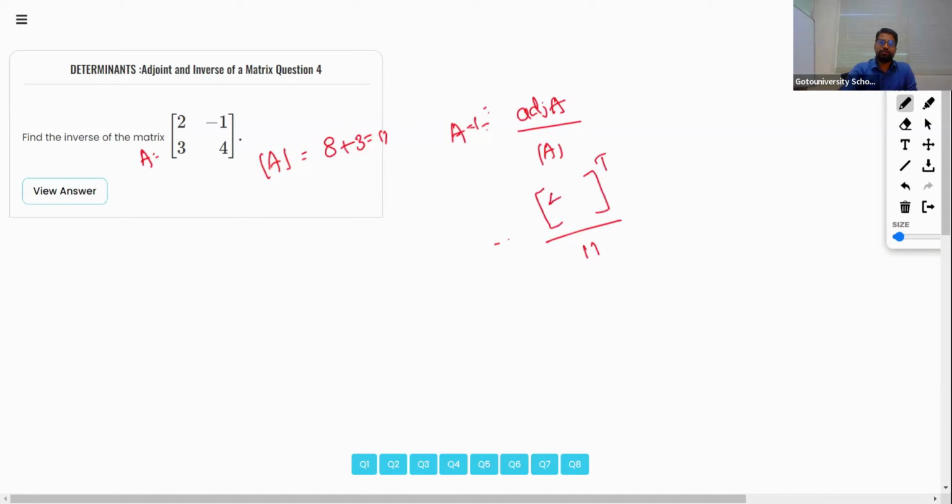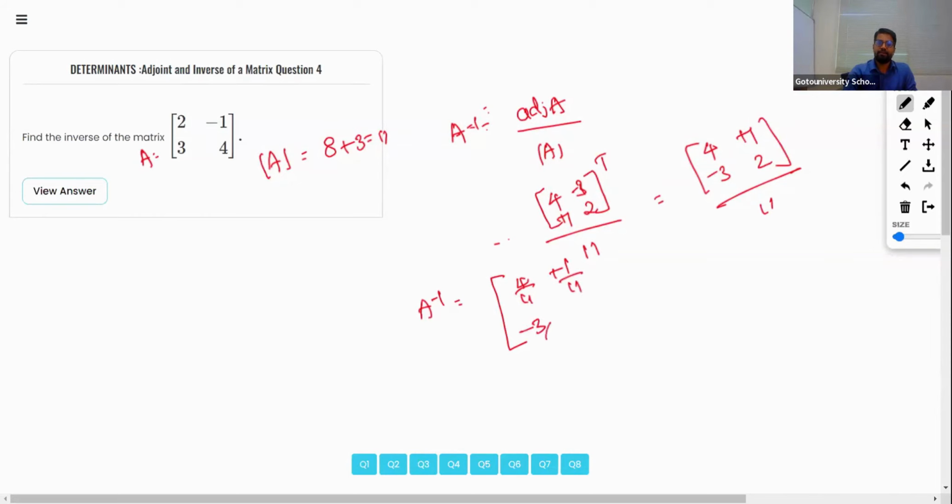So the cofactor of this is 4, this is 2, this is minus 3, this is plus 1. So the transpose of this is again what? 4, minus 3, plus 1, 2, divided by 11. So the inverse of our given matrix is 4 by 11, 1 by 11, minus 3 by 11, and then 2 by 11.